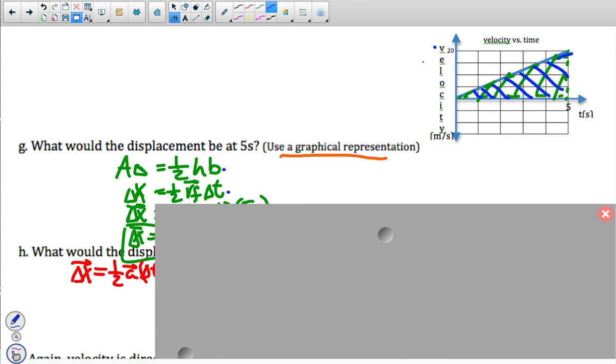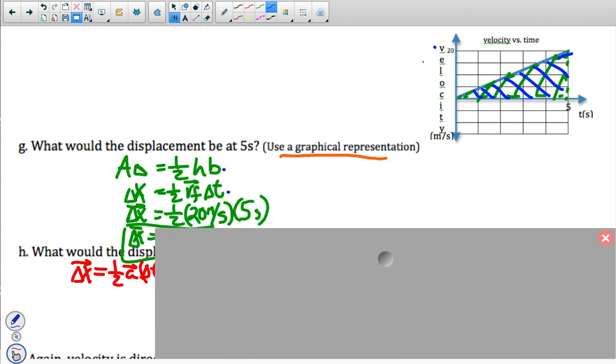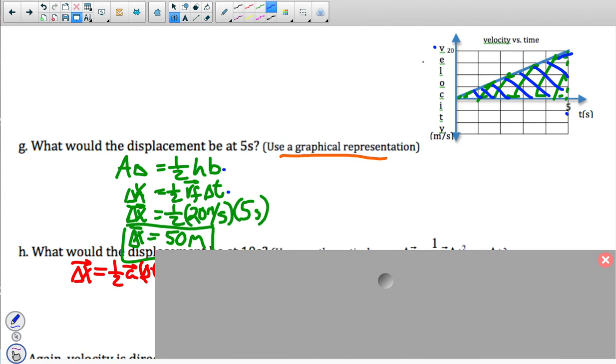Our base is our change in time. So we have 1/2 times 20 meters per second times 5 seconds. Half of 20 is 10, and 10 times 5 is 50. Meters per second times seconds, the seconds cancel out, leaving us with just meters.